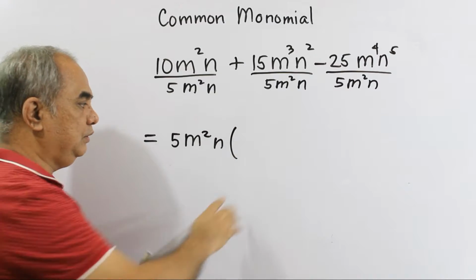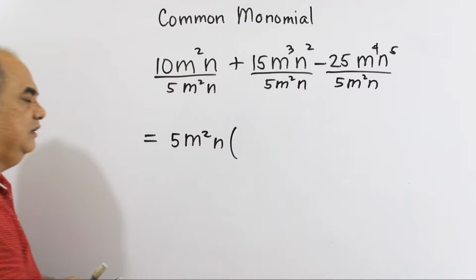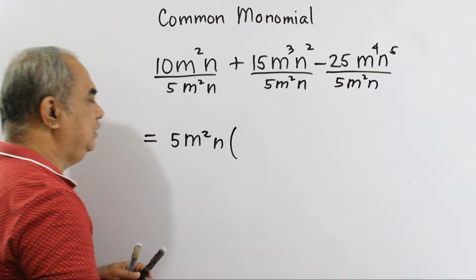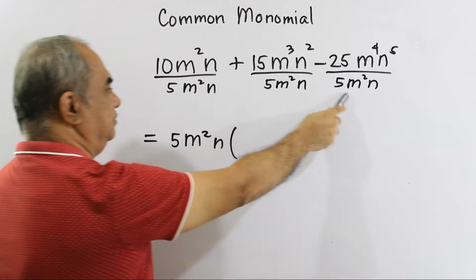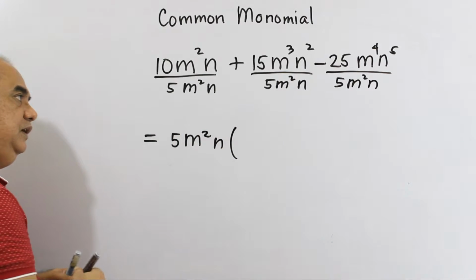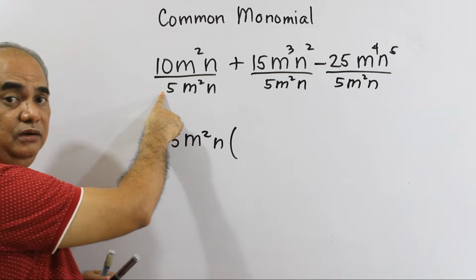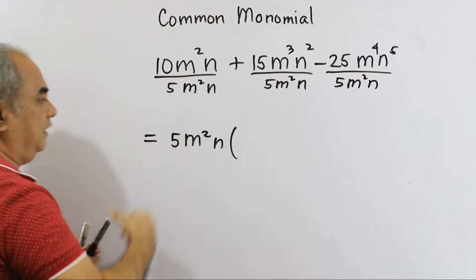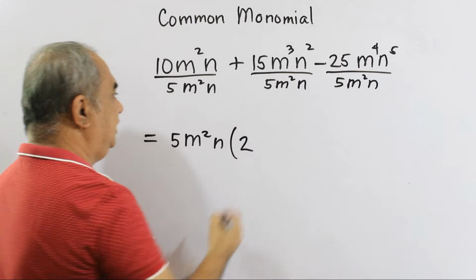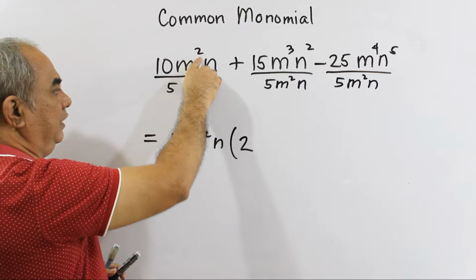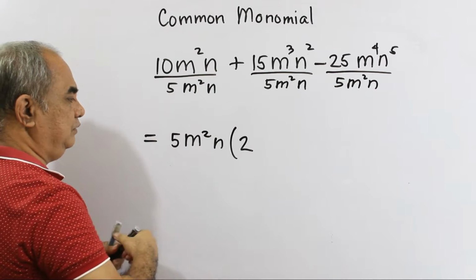Now, what are we going to write here? The next factor, this is the first factor, this is the second factor. You're going to answer each term. Let's start with the constant, 10 divided by 5. Very clear, 10 divided by 5 gives us 2. And now for the variable, m squared divided by m squared will give you 1.